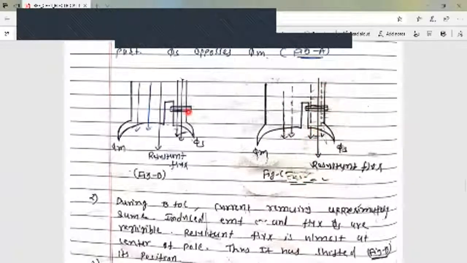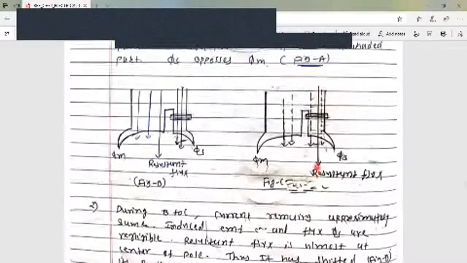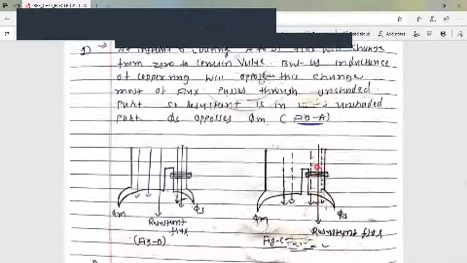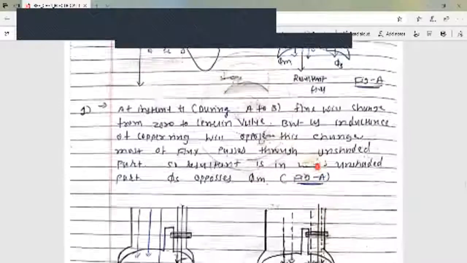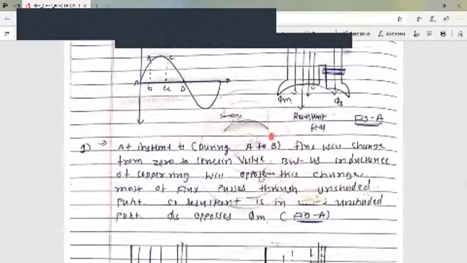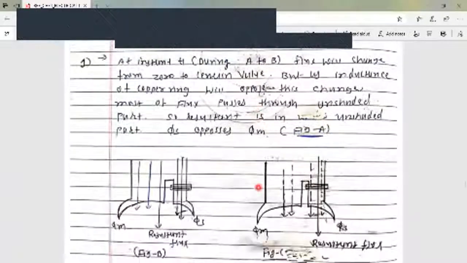This is the shaded part. Okay. So here resultant flux is in the shaded part. It happens from this position. We will see from this C to D. Okay. So from C to D, resultant flux is in shaded part.